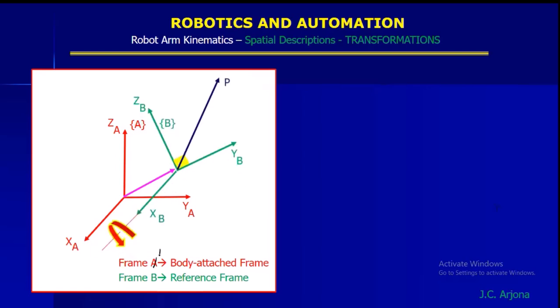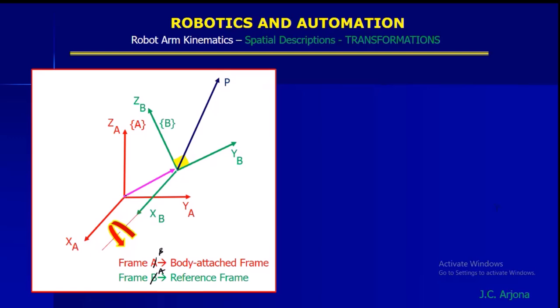Again, this is B, this is A. So as you can see, we move the frame B, we translated the frame B at a certain point. So here is the result of the translation. So here is the frame B. Here is the point P in question. This is the point vector, and here is the vector.